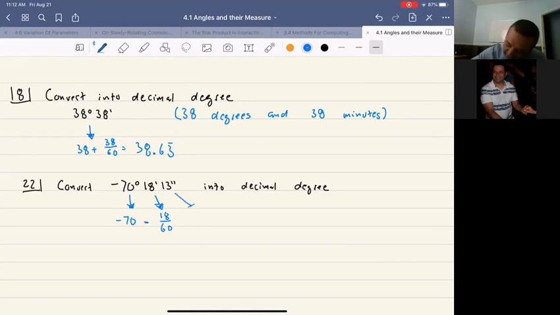And now the 13 seconds. So you want to think how many seconds are in an hour? Well, instead of 60, it's going to be 3,600, 60 squared.